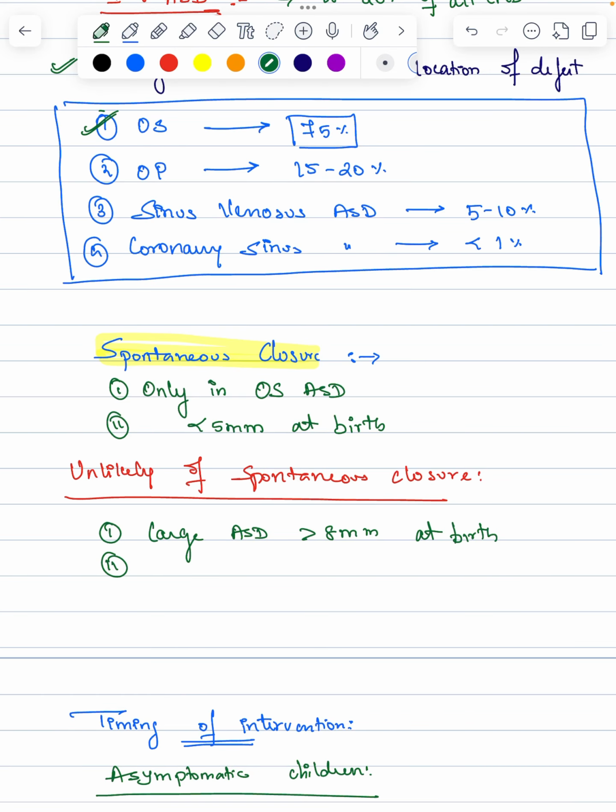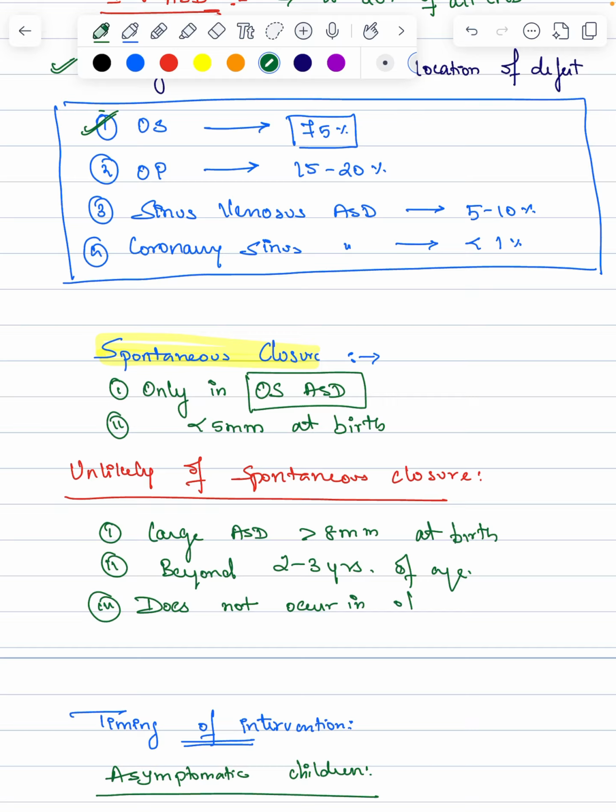Second, spontaneous closure beyond 2 to 3 years of age will not occur. Next, it will not occur in other types of ASD. Only in ostium secundum ASD can you expect a spontaneous closure. It does not occur in other types, right?